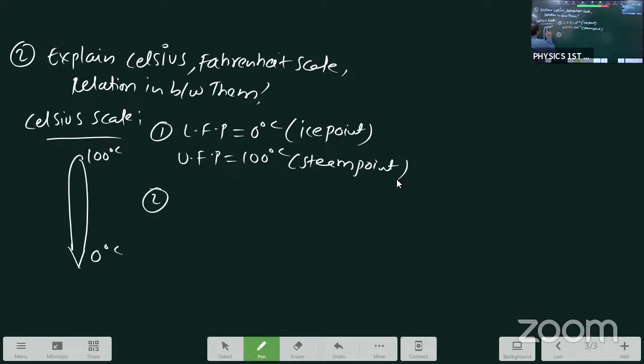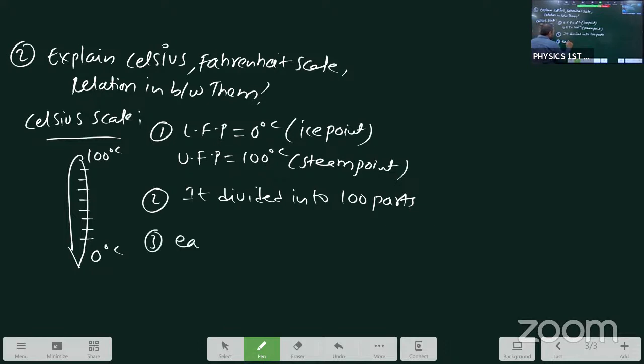Now, what is the calibration? Division means it is divided into 100 parts, because 100 minus 0 gives 100 individual parts. Each part is 1 degree Celsius.